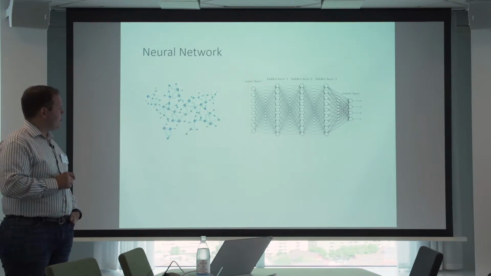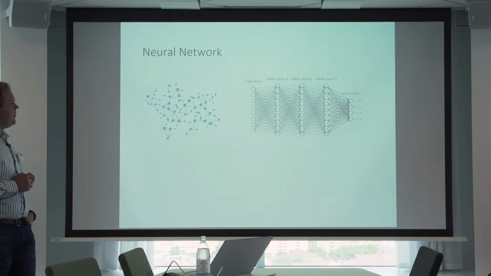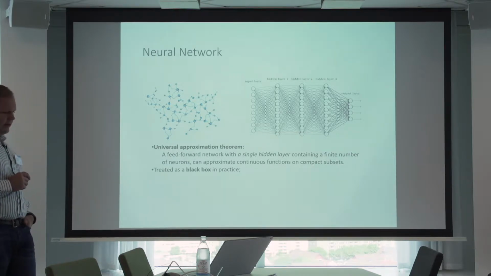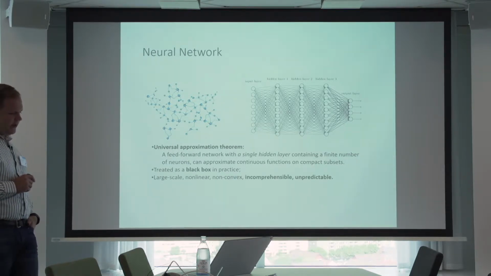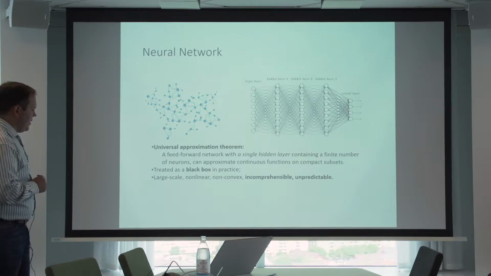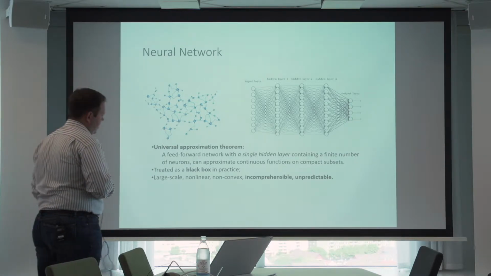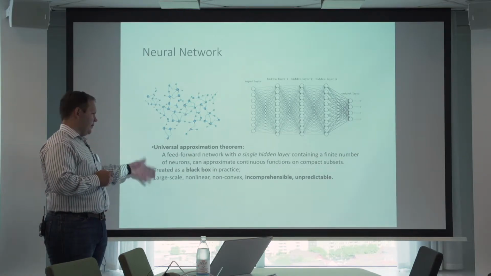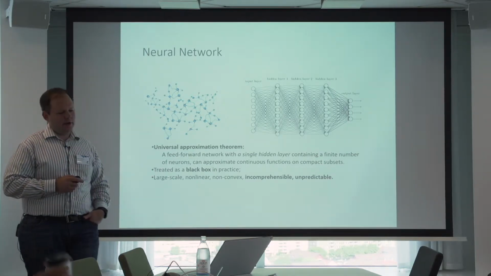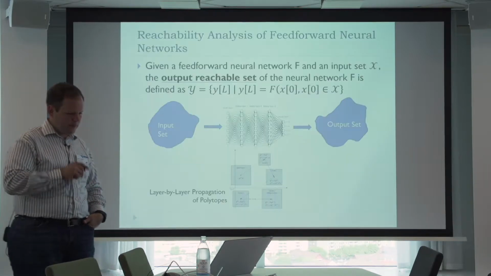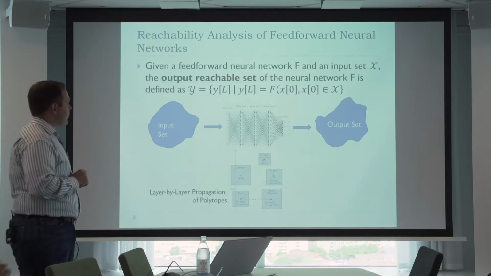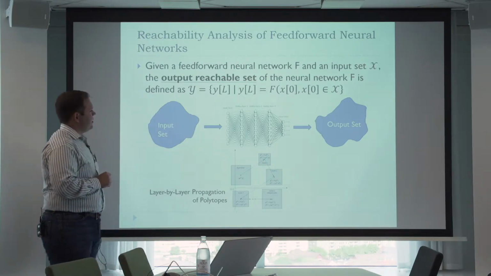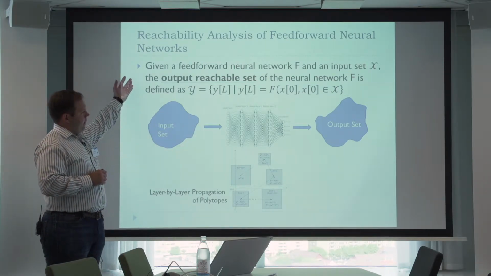Okay. So we may hook up these things together into networks. So there are some nice properties of these. You can approximate any functions with finite number of neurons, some nice various properties. But as we get these things quite large, it's very hard to understand what they're going to do. So what are we doing? So how are we going to do this range analysis problem, and what does it mean? So let's suppose we have a feed-forward network.